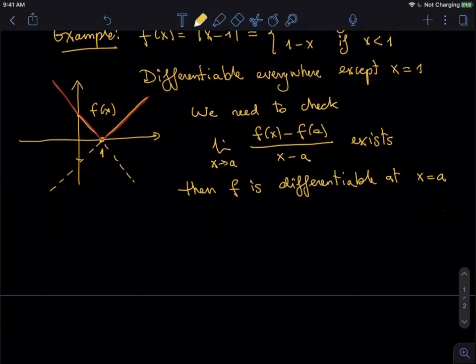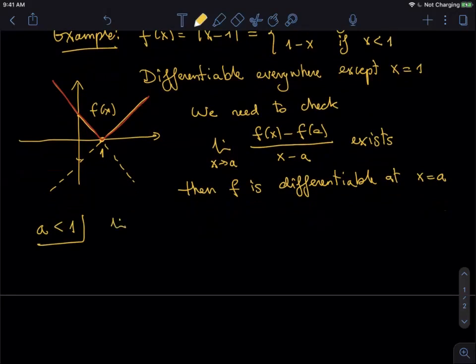They ask to check everywhere, so let's start with values of a that are smaller than 1, then we do bigger than 1, and then we do 1. So let's say a is less than 1, whatever number. If you don't like to use a letter, a parameter a, you can just do it for 1/2 and then do it in general for a.